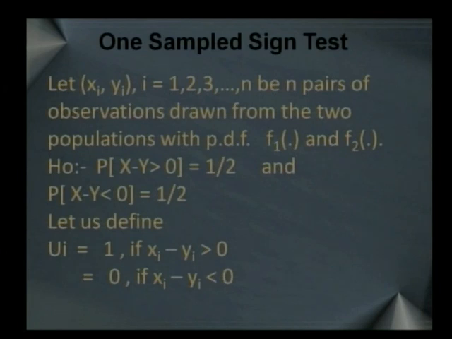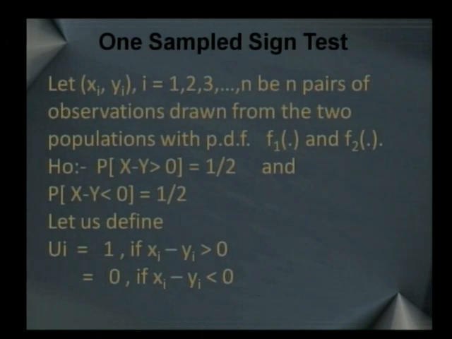Now let us start with the test procedure. Let (xi, yi), i equal to 1 up to n, be n pairs of observations drawn from two populations with PDFs f1 and f2.